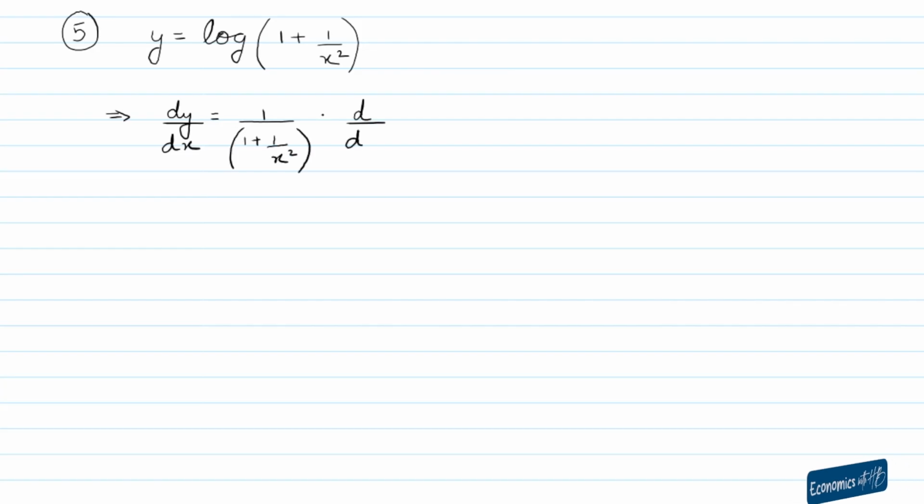Y is equal to log of 1 plus 1 by x square. Taking the derivative, dy by dx is equal to 1 by 1 plus 1 by x square into d by dx of 1 plus 1 by x square. Okay.